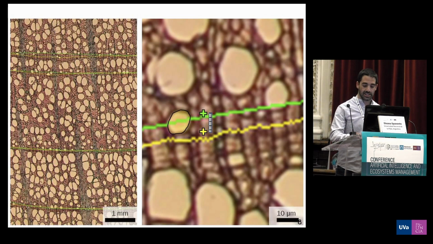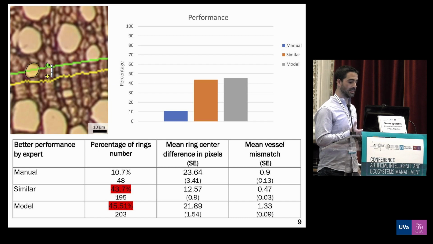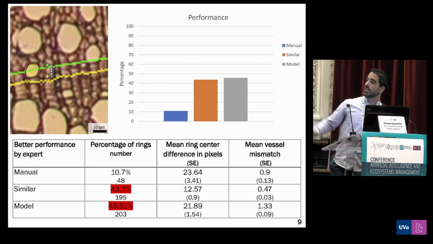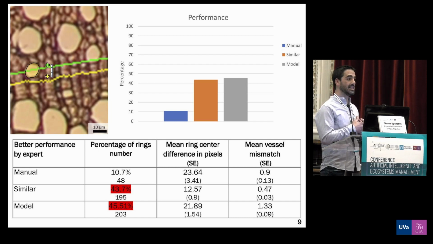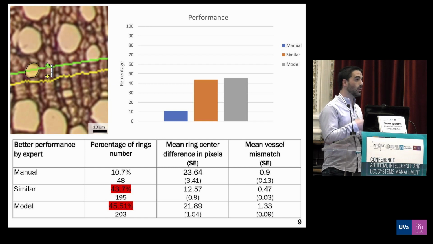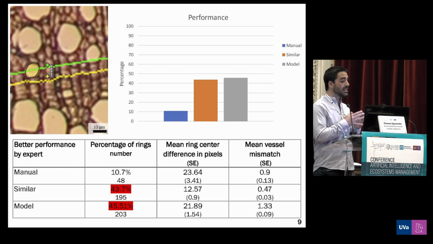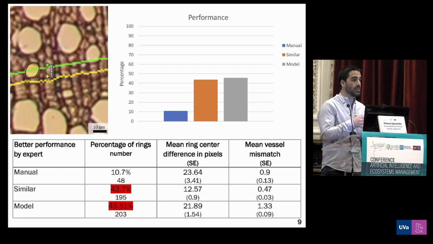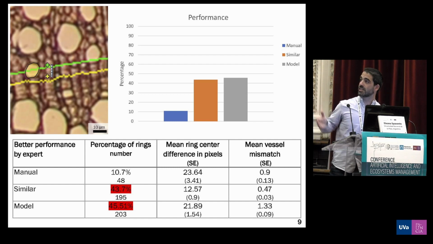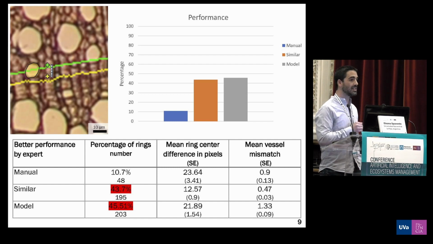We decided to evaluate it by an expert. Taking into account whether the cells were assigned to one ring or to another, that was the best way to evaluate whether the ring was properly detected and bordered. Then we found that the model was similar to or better than the expert segmentation used for training the segmentation method.